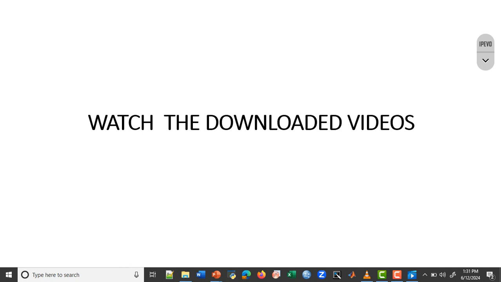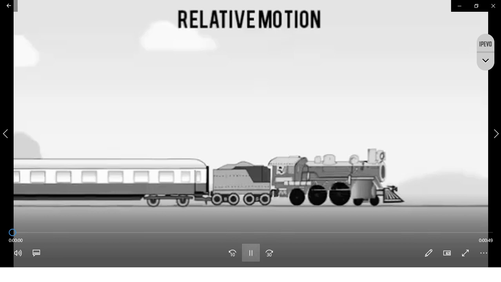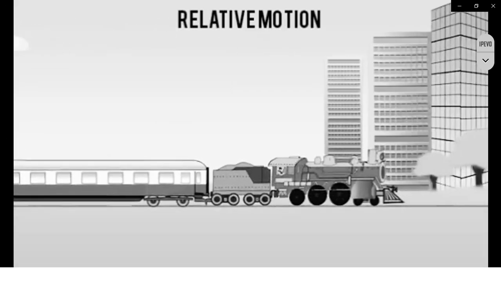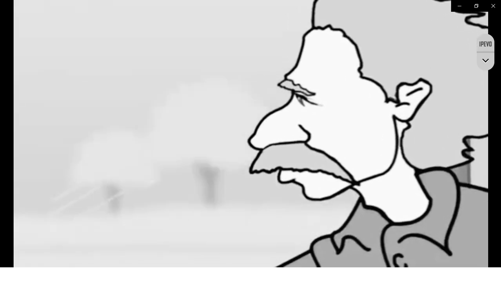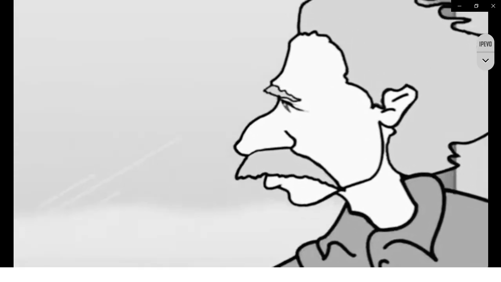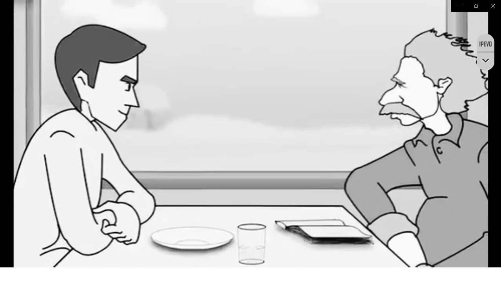But before I continue, I would like us to watch these videos. The first one is on relative motion. You can see a train moving at a high speed and two observers inside the train.